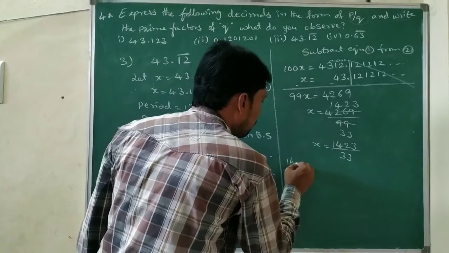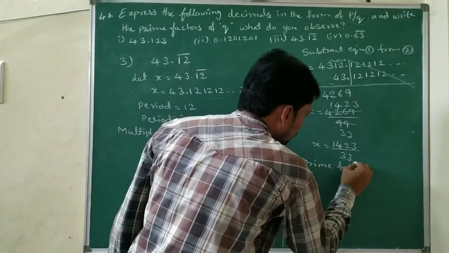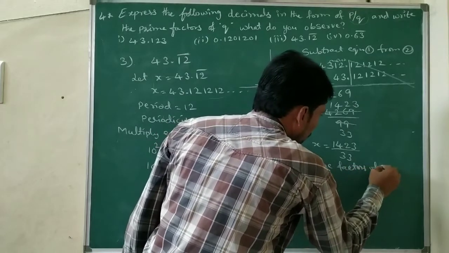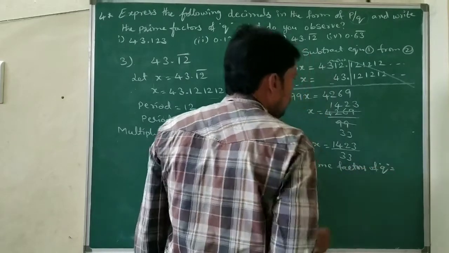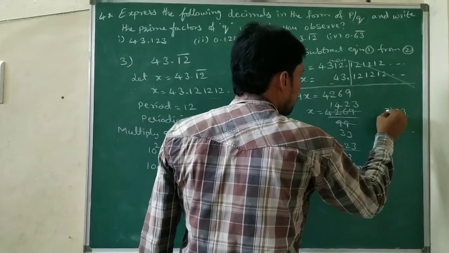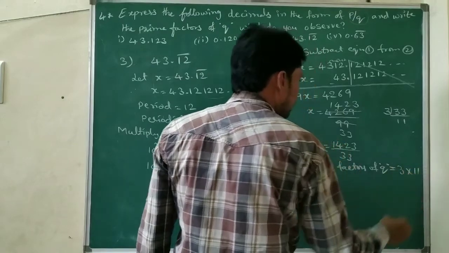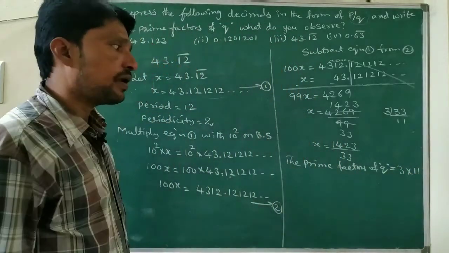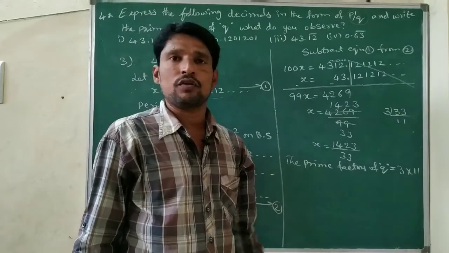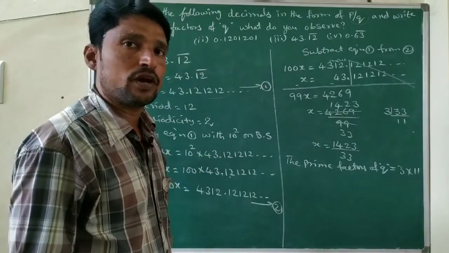So the prime factors of Q, this Q means 33. For 33 you take the prime factors, 3 into 11. So here we got the prime factors 3 into 11 only. Is 3 into 11 of the form 2 power n into 5 power m?